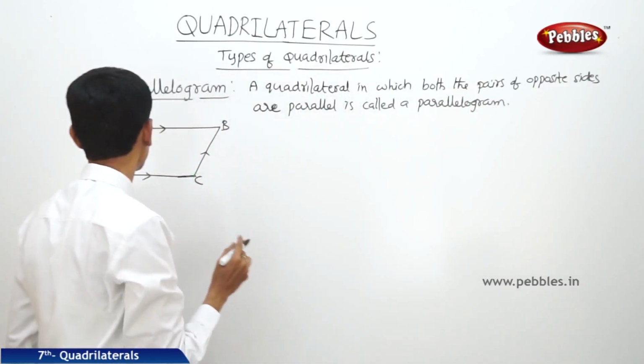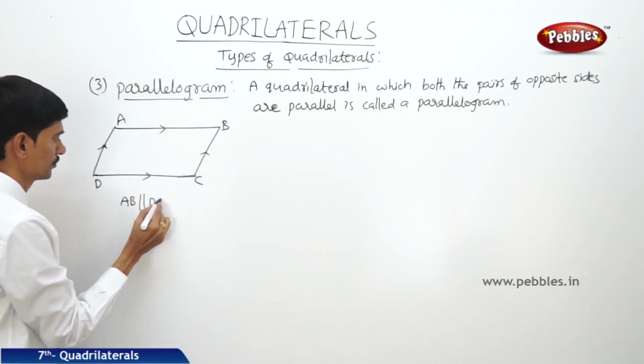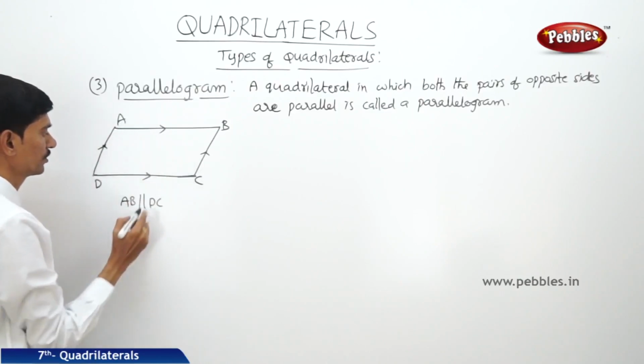So in this, AB is parallel to DC and AD is parallel to BC.